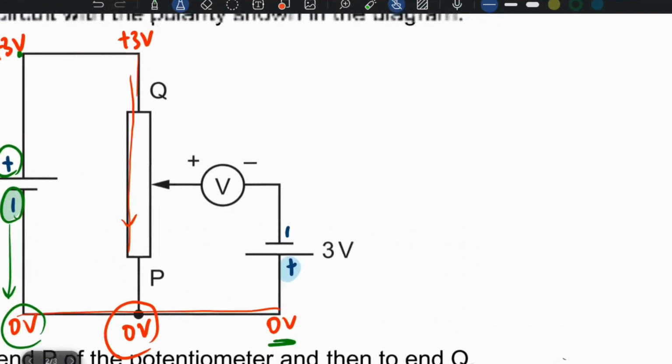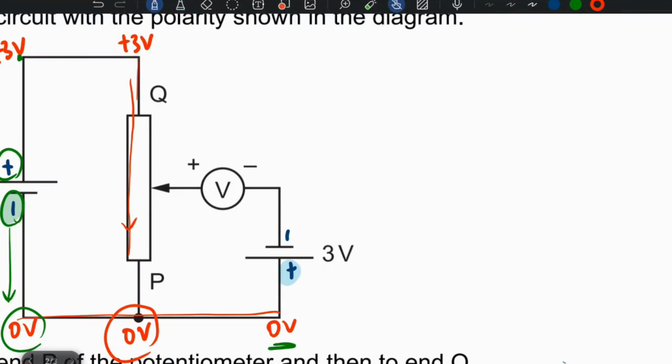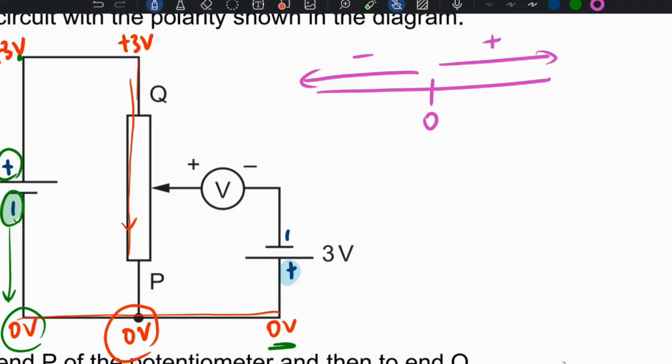Visualize a number line. For example, you have a number line here. Anything to the left is negative, anything to the right is positive. Let me put some numbers: 1, 2, 3, -1, -2, -3, and so on. Now if I say 0 is the lowest value, that means 0 is at the lower potential.